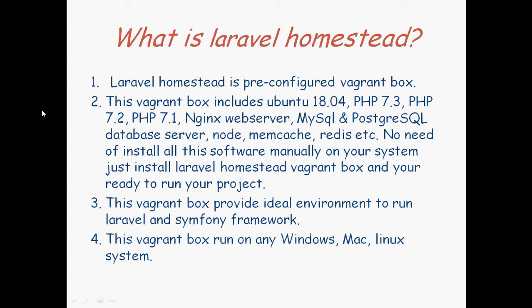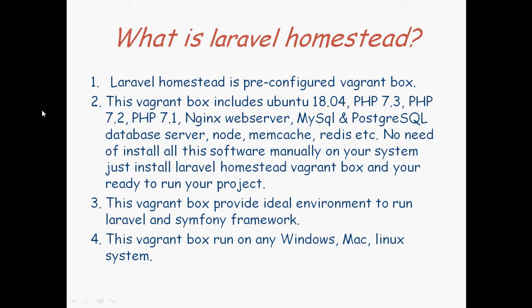It's one kind of a virtual environment which we have to load virtually on our host machine. And this virtual environment or box includes the Ubuntu 18.04 Linux version, then the PHP 7.3, 7.2 and 7.1, and Nginx web server as a default web server.